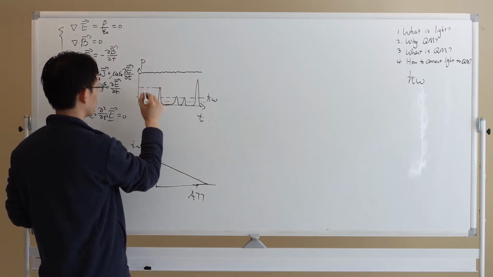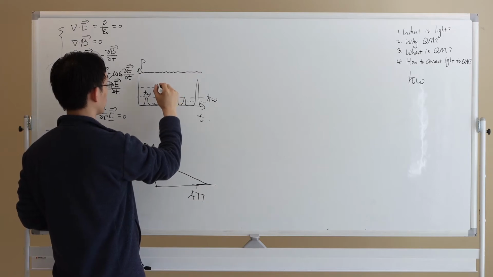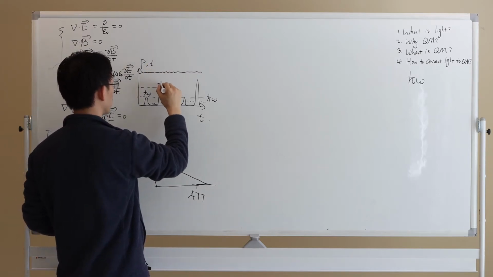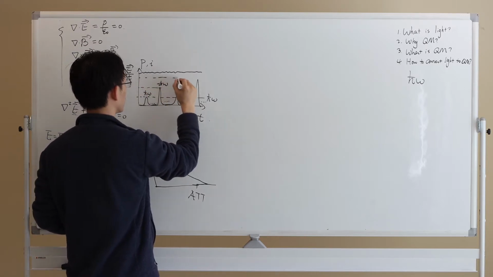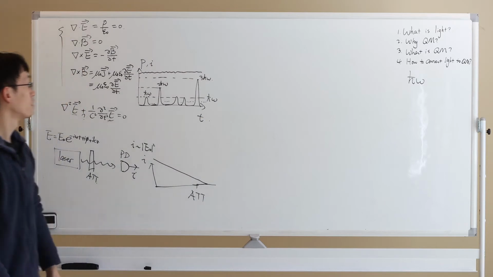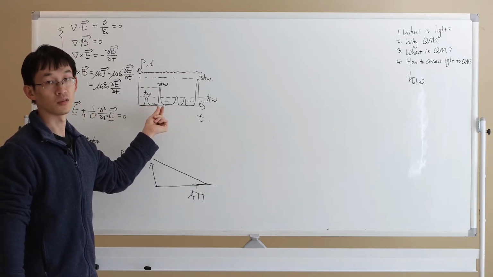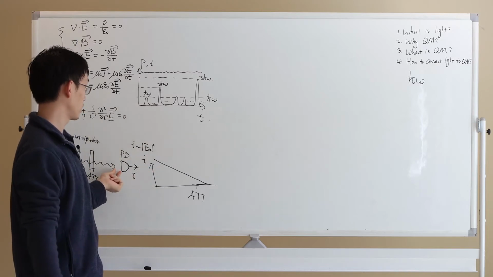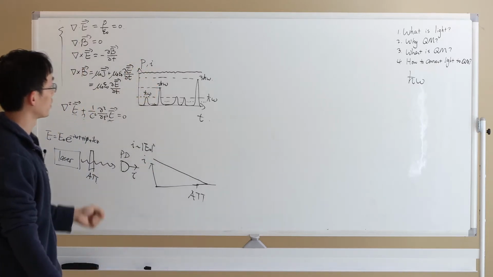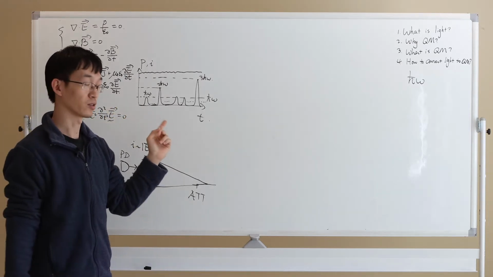You see a quantized energy, like this is h bar omega, this is 2 h bar omega, and then there's 3 h bar omega. So you will see really quantized energy levels of the laser beam hitting your detector, and your detector can resolve it. And there's no way that you can use classical physics to explain this, right?